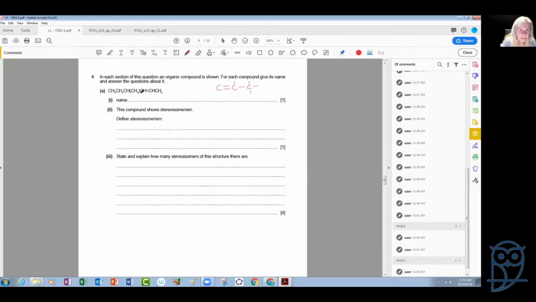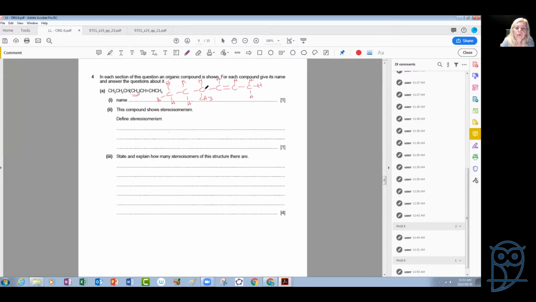On the other side, we have hydrogen and all that, and another carbon, and another carbon. All these are carbons. This is the methyl group here. This is a hydrogen, and these are all hydrogens.